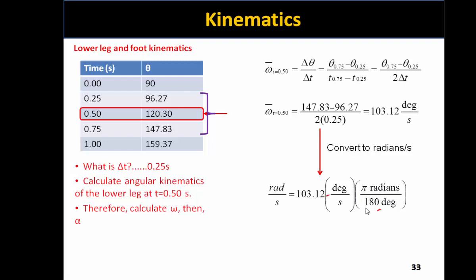When we perform that multiplication, we see that the degree units are eliminated, and what's left standing is 103.12 times pi radians divided by 180 seconds, and that will give us a final value of 1.80 radians per second for our angular velocity at this point in the movement, which is where our interest was.